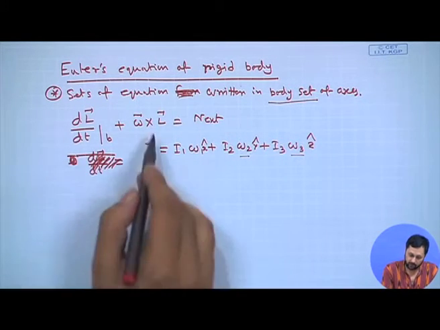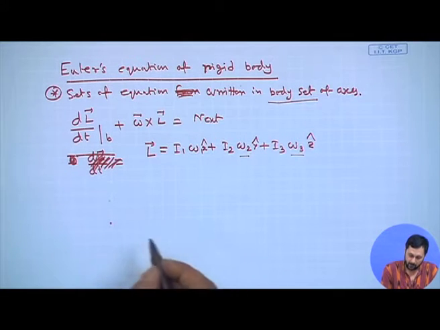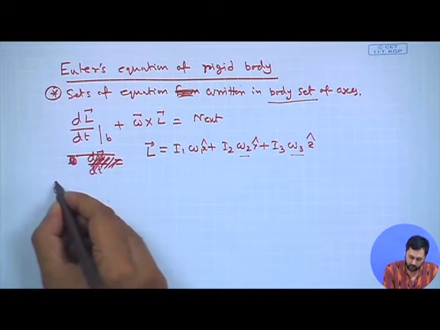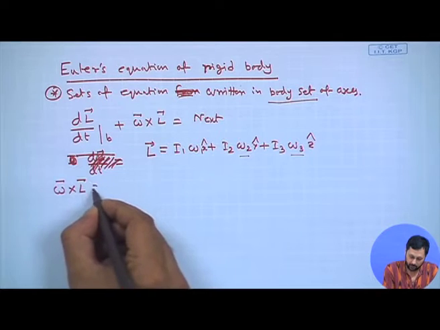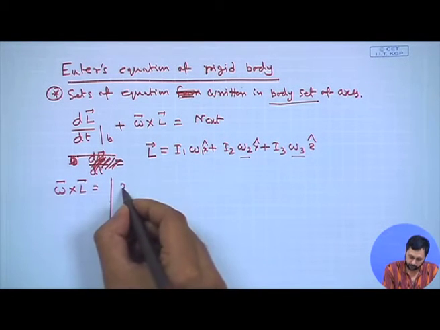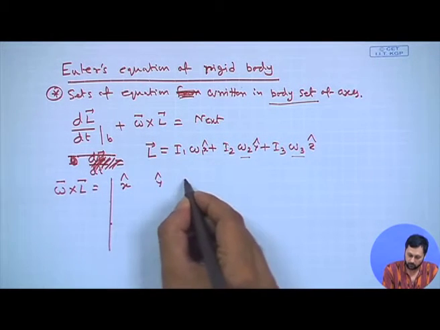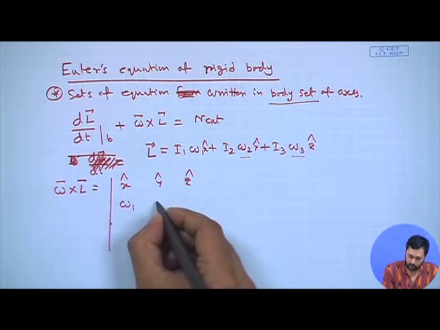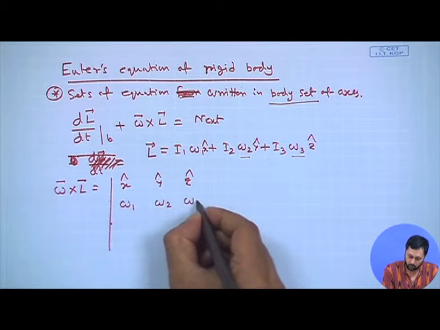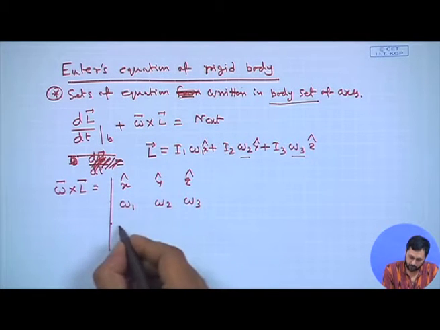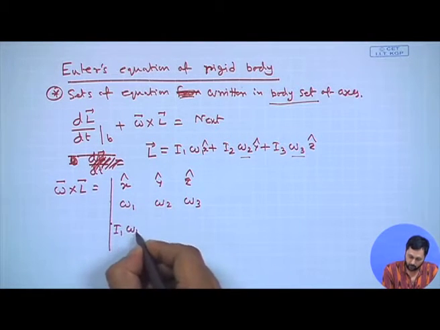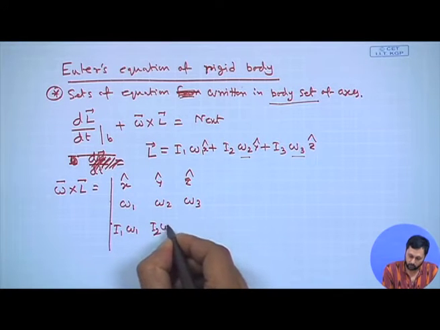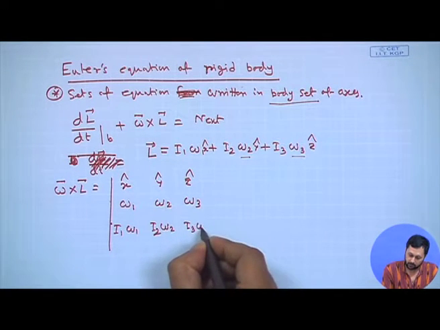So once we are in this particular reference frame, we can write omega cross L as the determinant with rows x cap, y cap, z cap; omega 1, omega 2, omega 3; I1 omega 1, I2 omega 2, I3 omega 3.